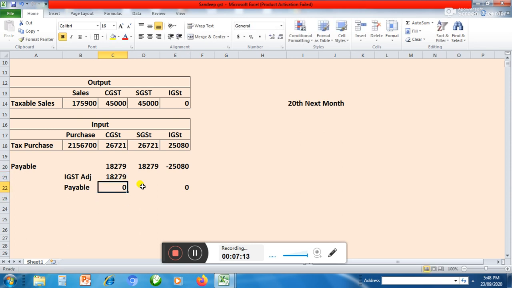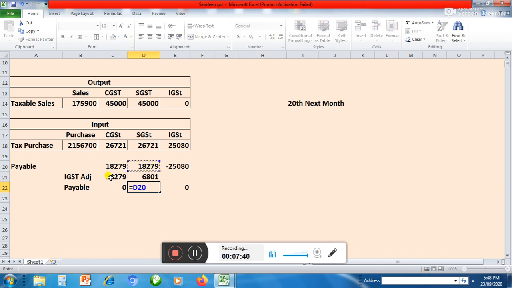So this becomes 0. I'm utilizing only a part of this in this. Balance, whatever is left, that is 25,080 minus 18,279, will be adjusted in SGST.